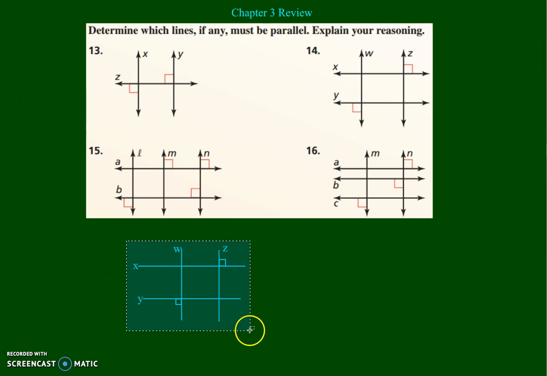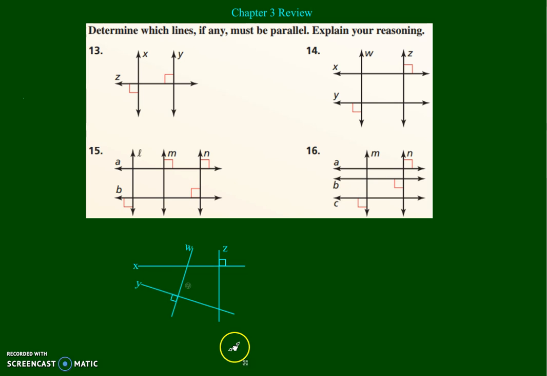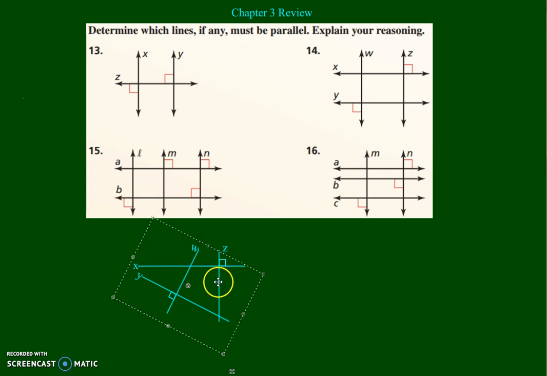If we were to draw this slightly off center, we would see that without violating the conditions, we could rotate Y and W and exaggerate the relationship between those and X and Z. And we can clearly see that without destroying the fact that W and Y are perpendicular or that Z and X are perpendicular, W is not parallel to Z and Y is not parallel to X. So it's an optical illusion.